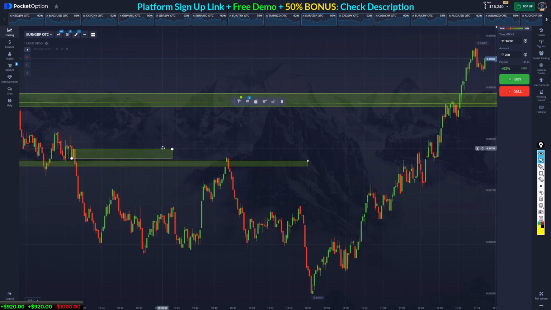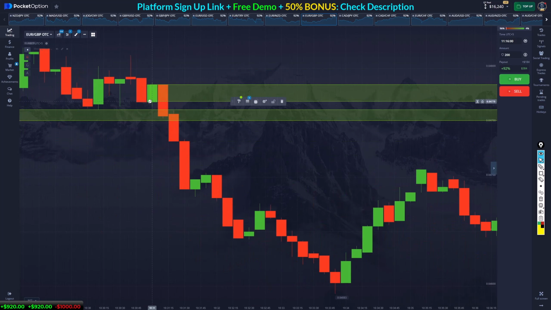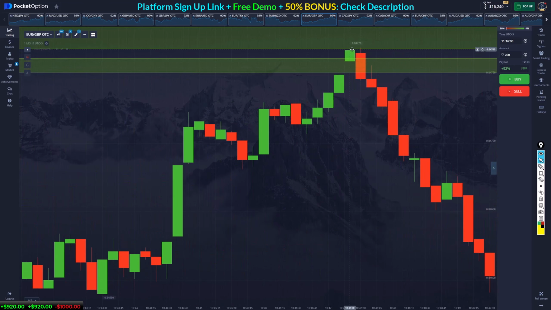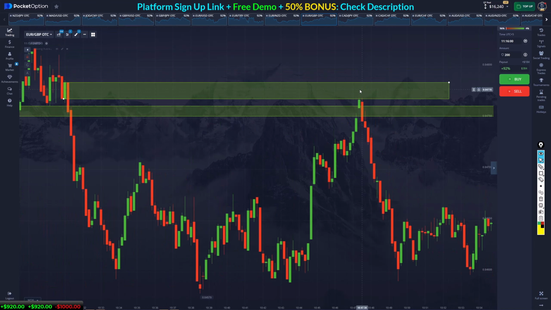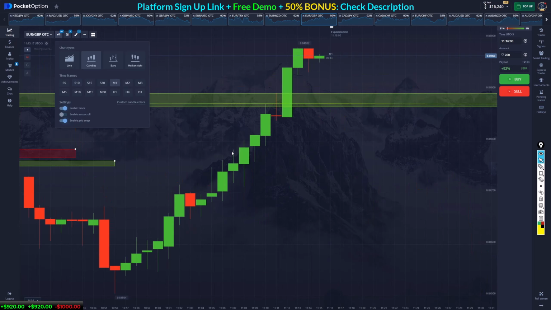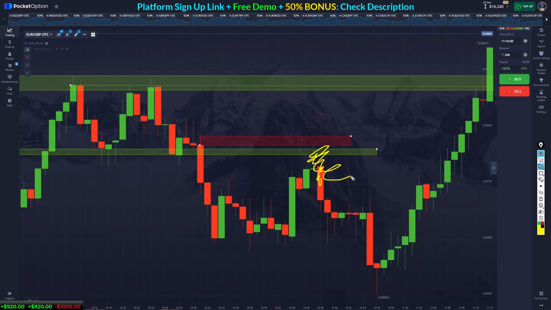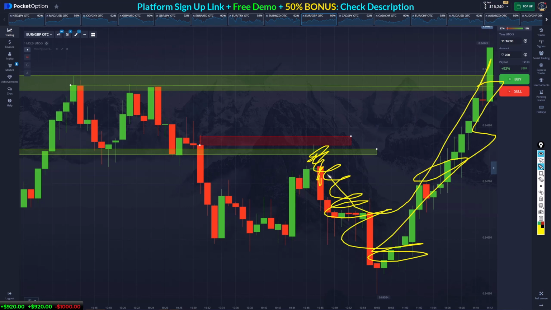If I mark this area just like that, you'll see that this is a fresh supply, right? And if I zoom in and exactly mark the zone, you will see a slight touch and then a drop. And why is that? Basically, if you imagine the market hasn't formed these candles yet and we are somewhere here, you see this engulf, right?